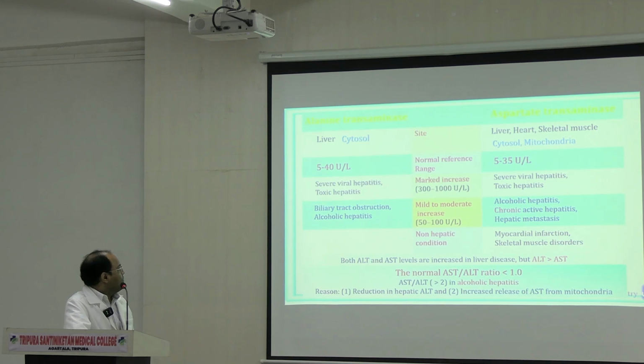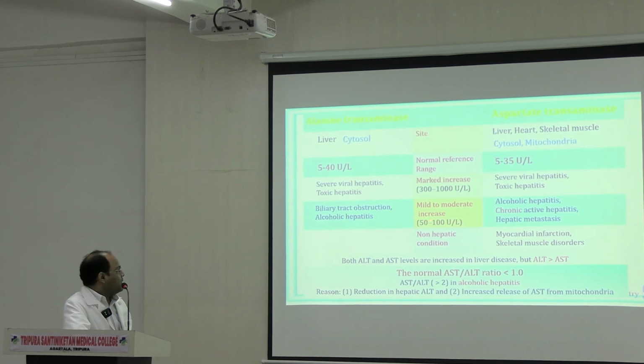Okay. In case of viral hepatitis, the markers are very high, ALT up to 300 to 1000 units per liter, and AST level is very high because of viral hepatitis or toxic hepatitis, like toxic damage of liver. Okay.